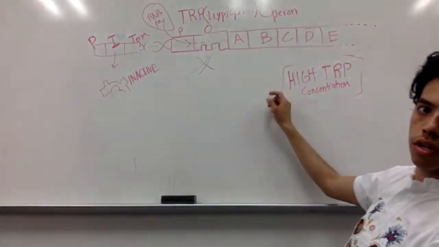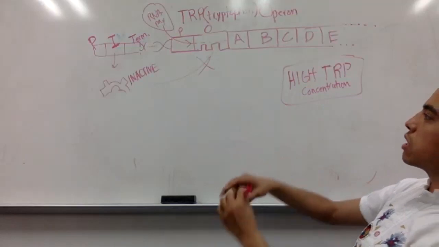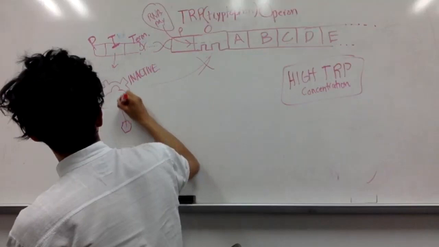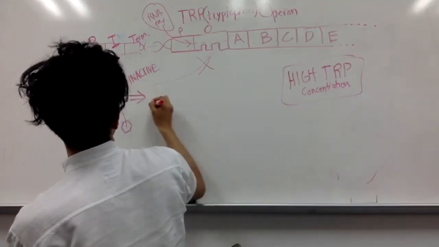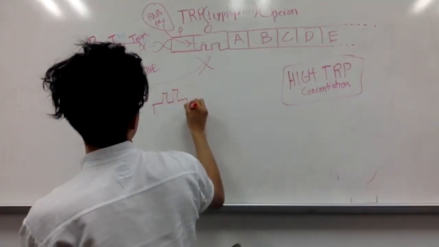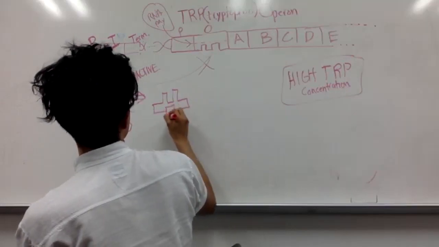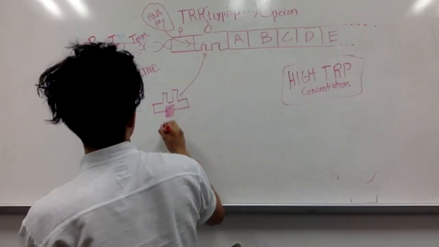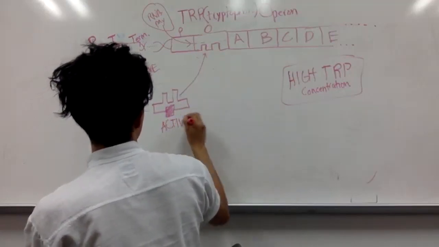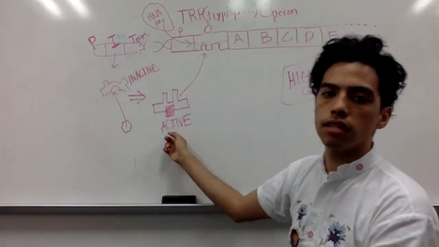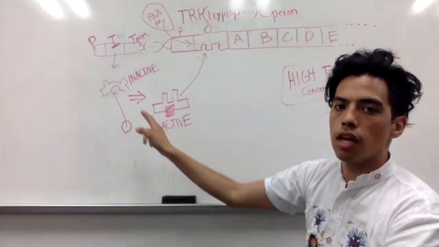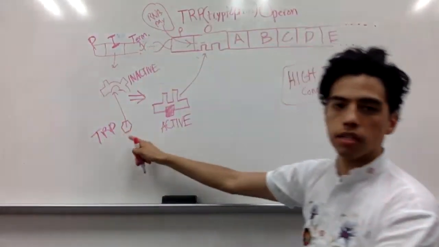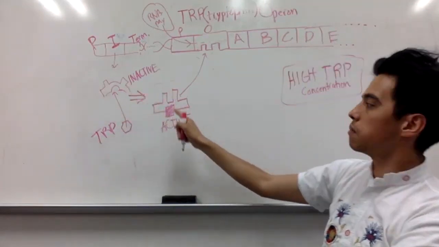When there's high levels of tryptophan present, the tryptophan is going to bind to the repressor and it's going to make it active.